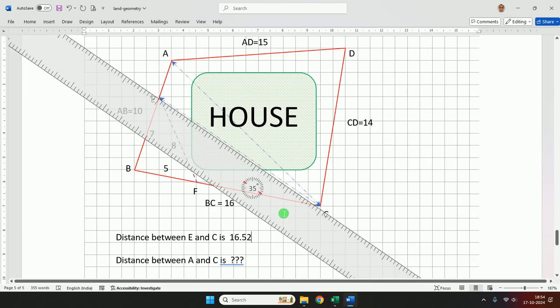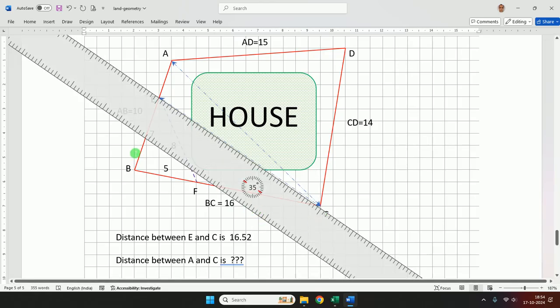Yeah, that will do approximately. So 10, 20, 30, 40, 50, less than 50 in fact. So somewhere around 49 or something like that.